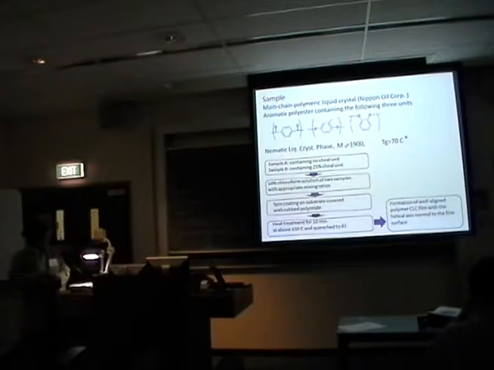So the fabrication can be made like this. We dissolve this sample A and B in 10% chloroform solution, and then spin coat on the substrate covered with rubbed polyimide. This is the same as the treatment in normal liquid crystal.